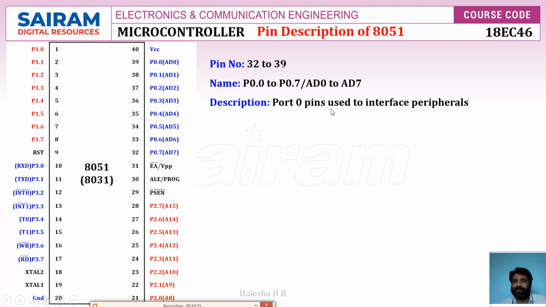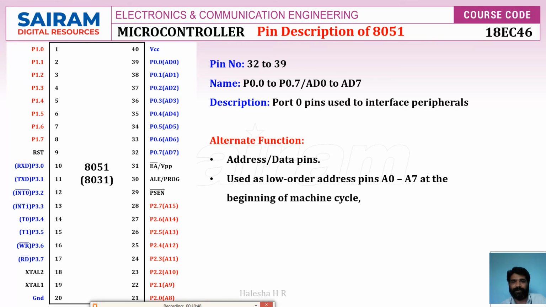So these pins can be used to interface the peripherals, or alternately they are used as address and data pins. I mean, in the beginning of the machine cycle they are used as address pins, and in the later part of the machine cycle they are used as data pins, bidirectional data pins. So this is about the pin description of 8051.